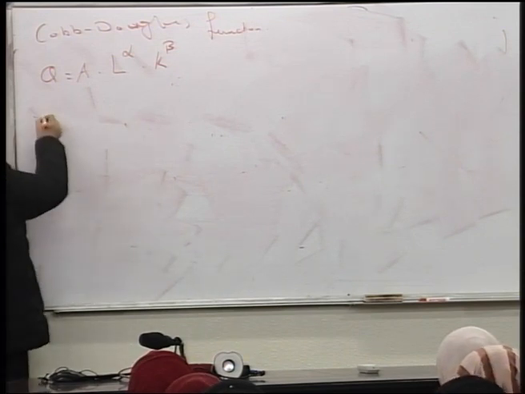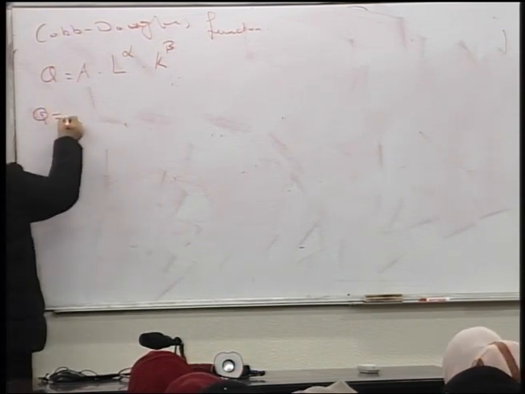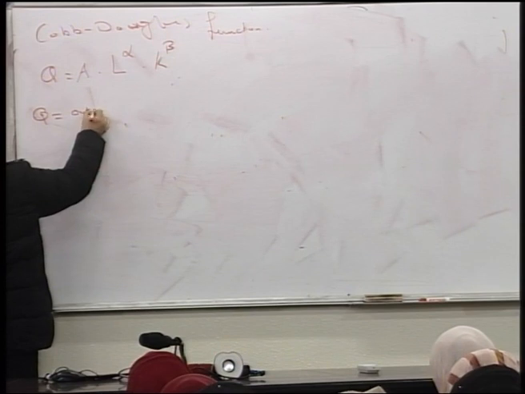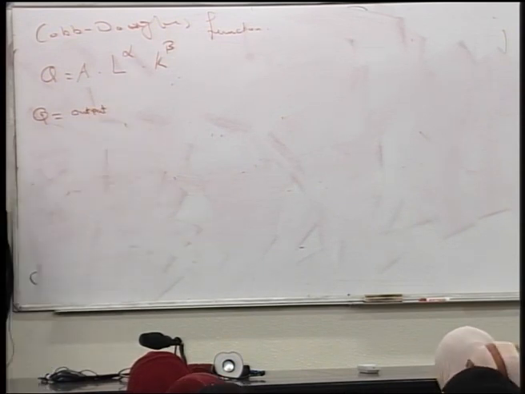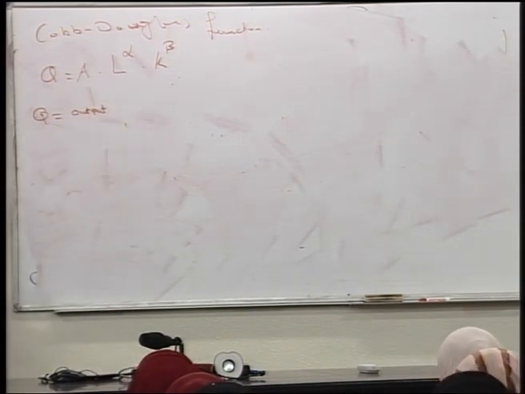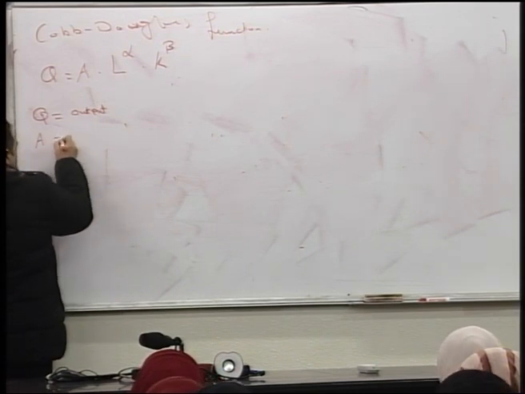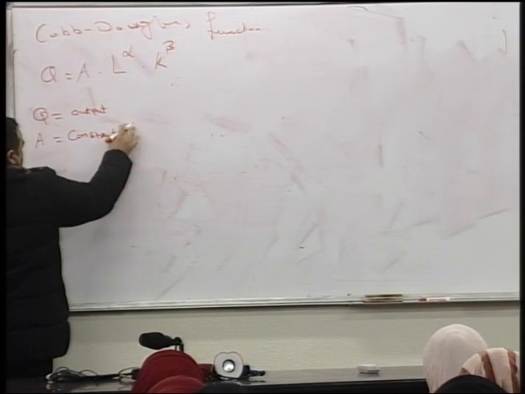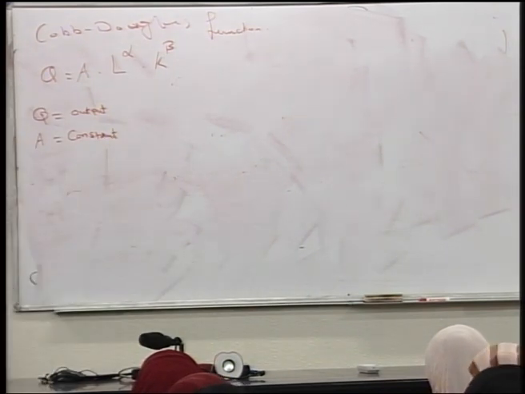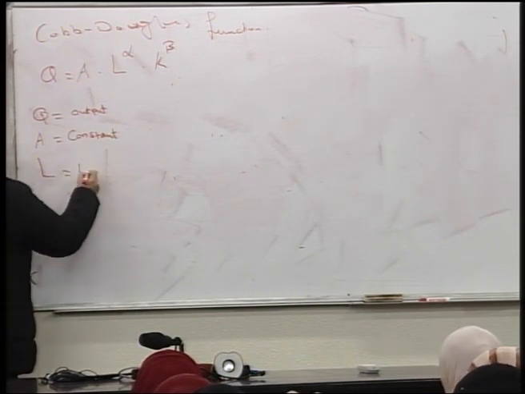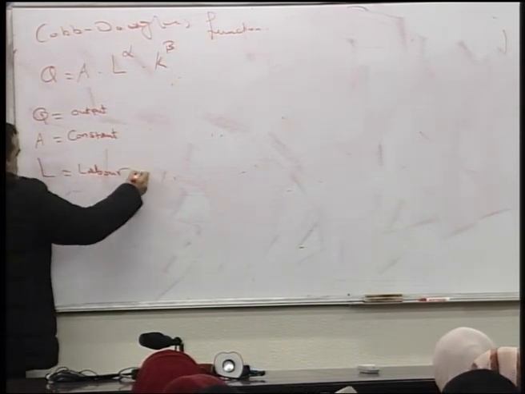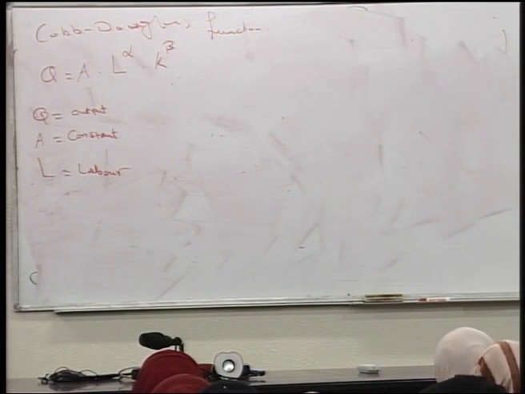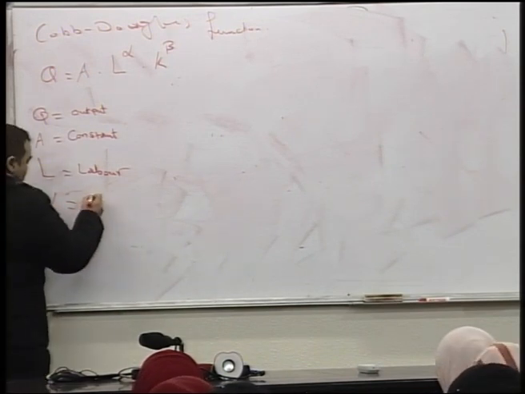Q is the output. A is constant, a fixed number. L is labor. Alpha is the elasticity of labor.